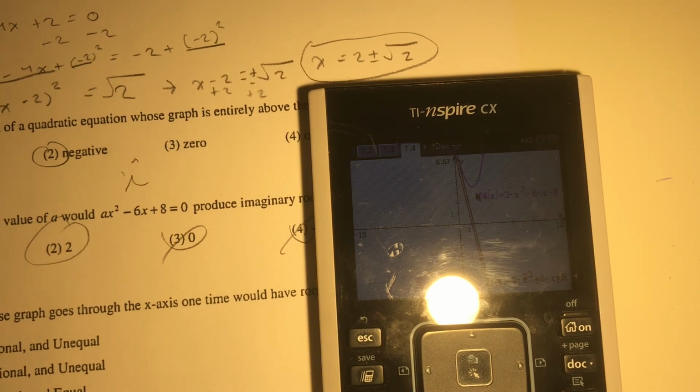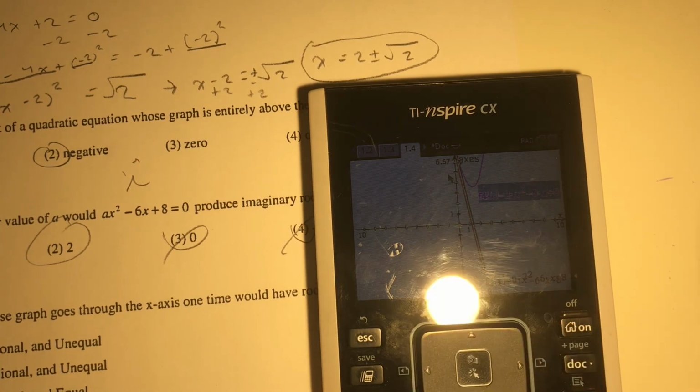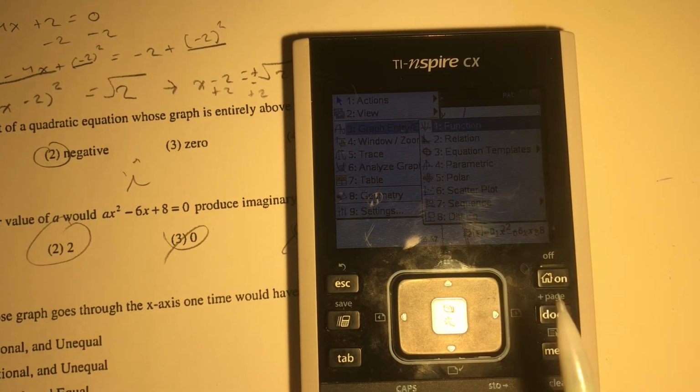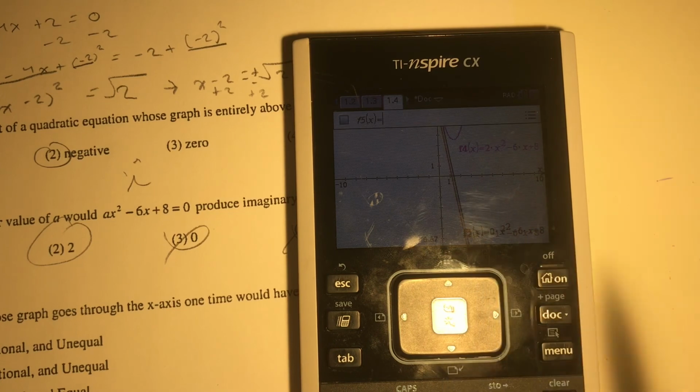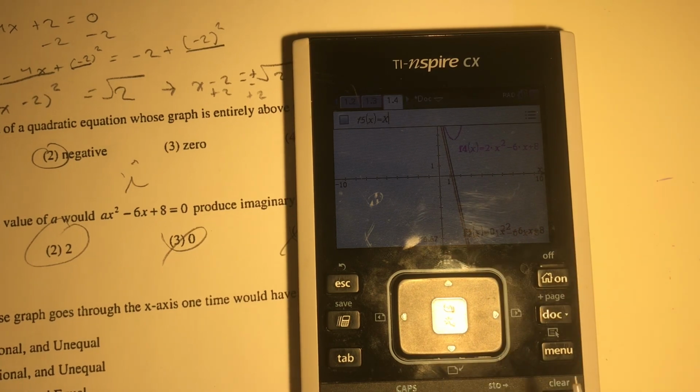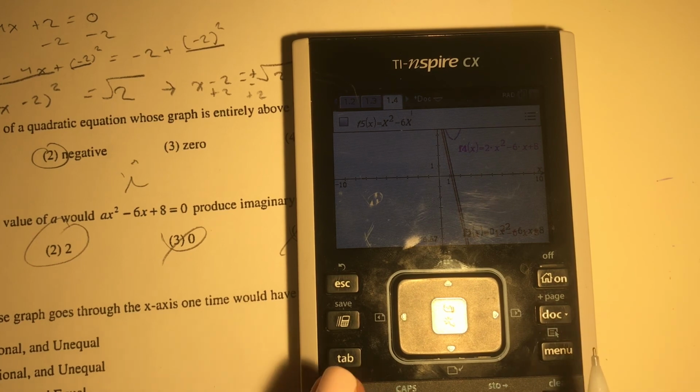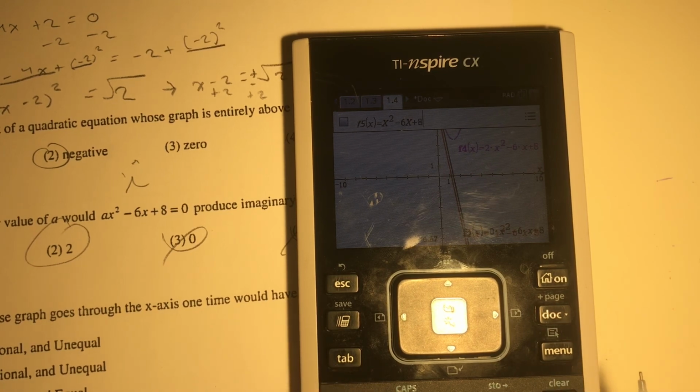And for number 1, we're going to try number 1 out just for kicks. X squared minus 6x plus 8. Where is it? Oh, I didn't do it. Let me try it again. X squared minus 6x plus 8.